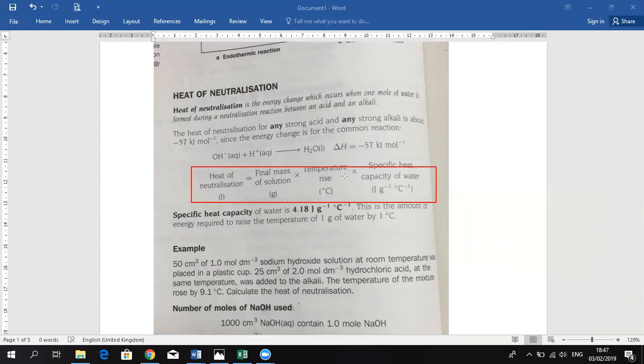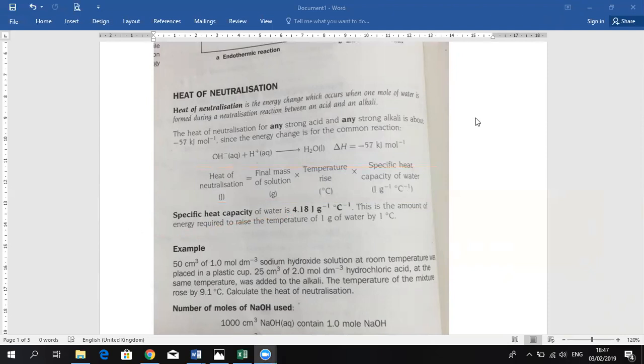That means you're going to see a temperature rise. And then the specific heat capacity of water is a constant, a standard, and it's given right here. So that's what we're going to be using, right? So let's clear all those drawings and look at the example now.